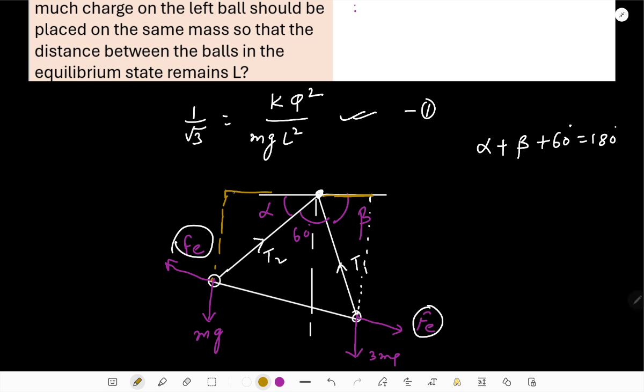I would like to call the moment arm of 3 mg as x, and the moment arm of mg as y. And 3 mg is producing a clockwise torque, and mg is producing a counterclockwise torque.